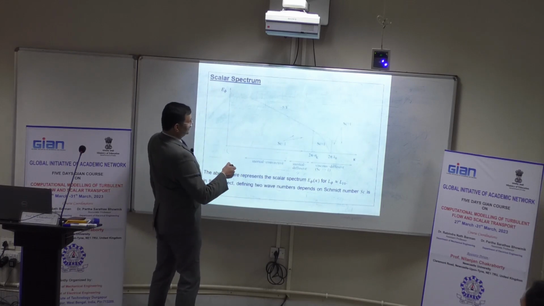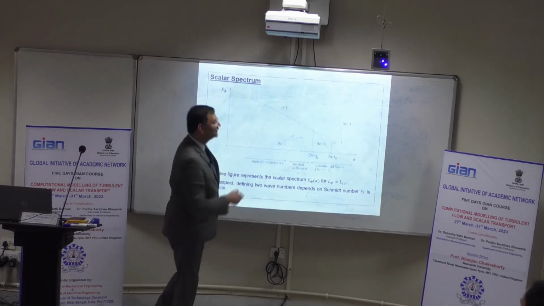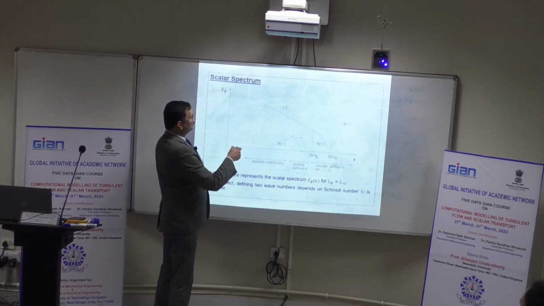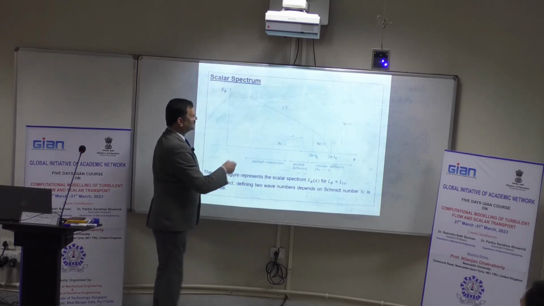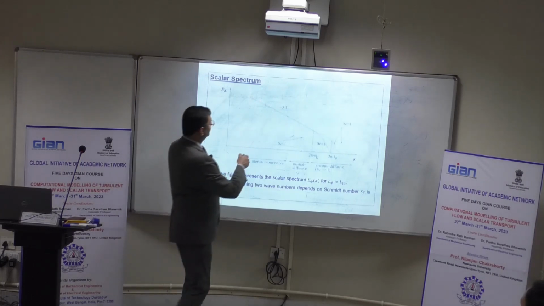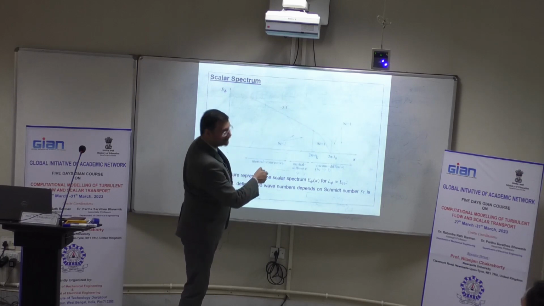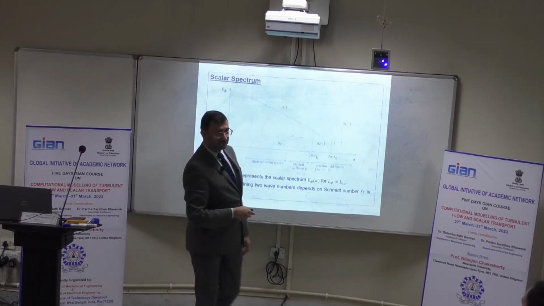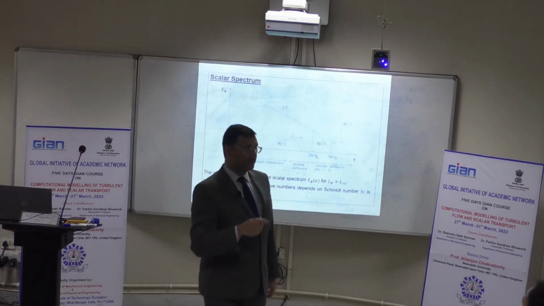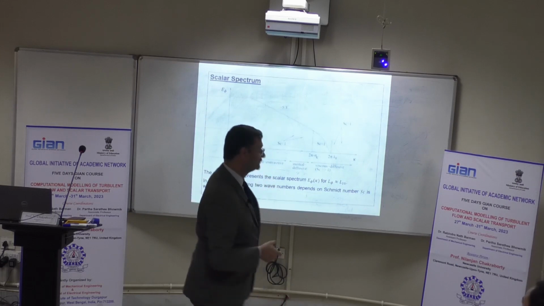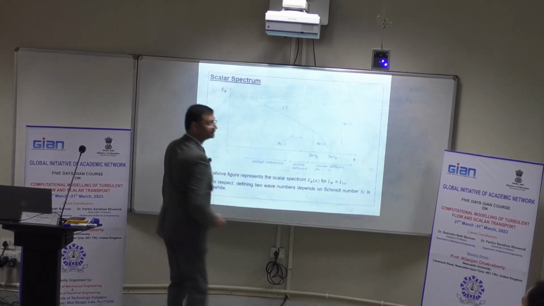So it starts like this. According to Kolmogorov's hypothesis, Kolmogorov's theory, in the inertial range, the turbulent kinetic energy spectrum in log scale had a slope of -5/3. So it starts with that. Okay.